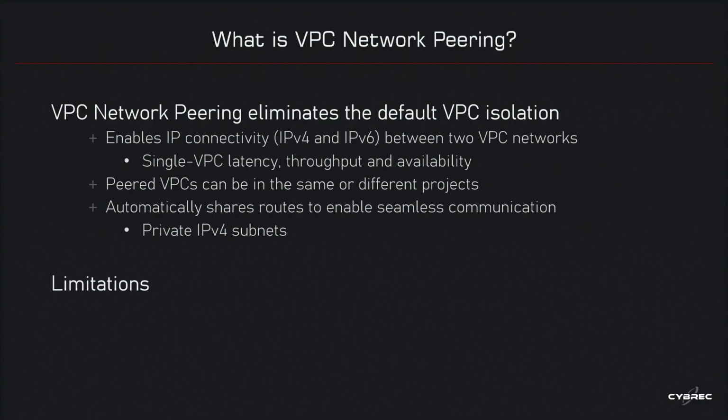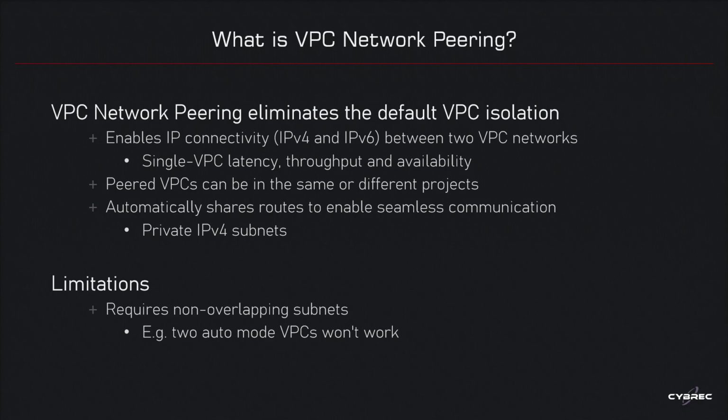There are some limitations associated with this feature. First and foremost, remember that the subnets that belong to the VPC networks you want to peer must be different and they cannot overlap.